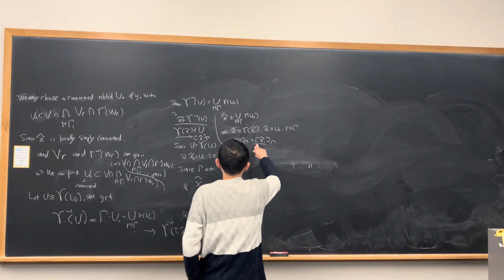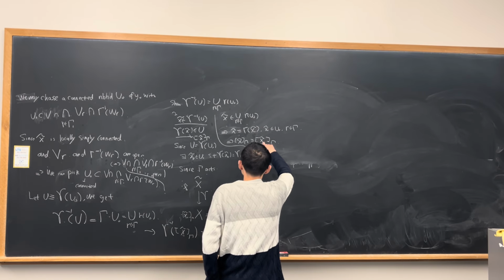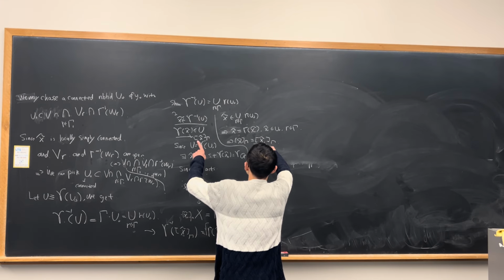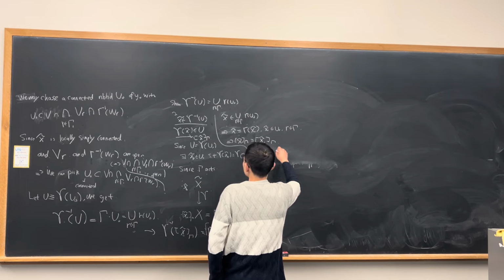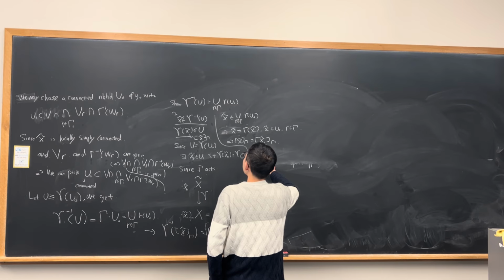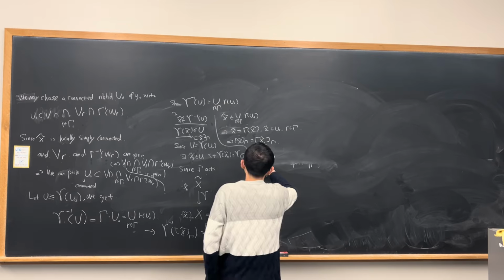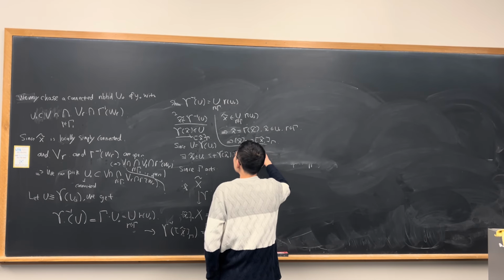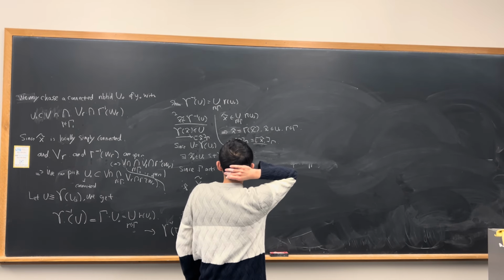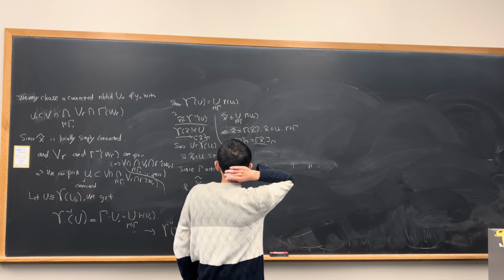Okay, I want to show that this guy lies in gamma inverse of u. So wait, I'm confused. I want to show that this x tilde.